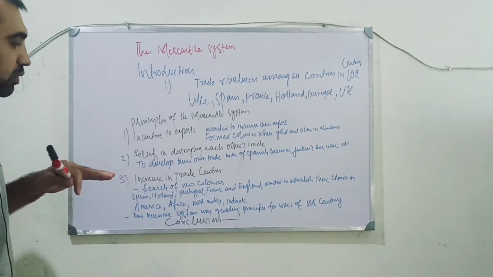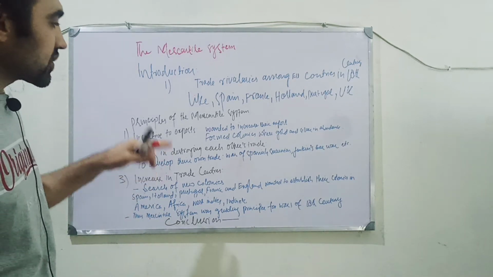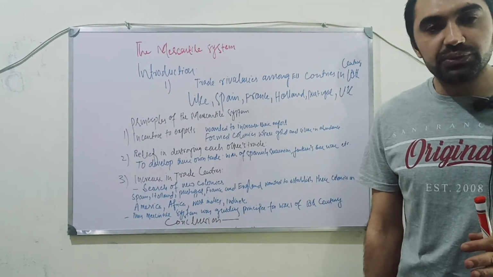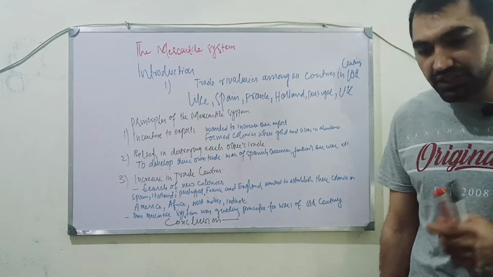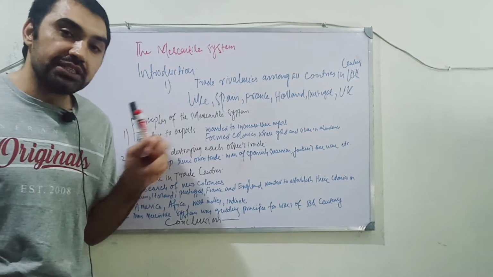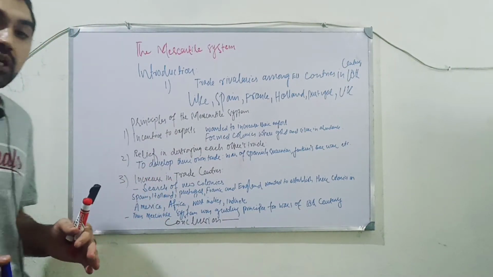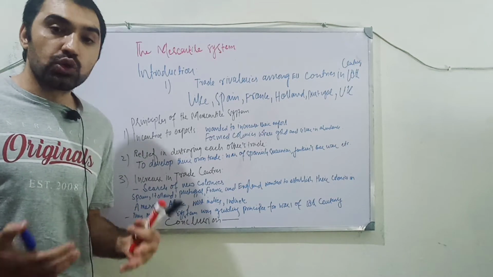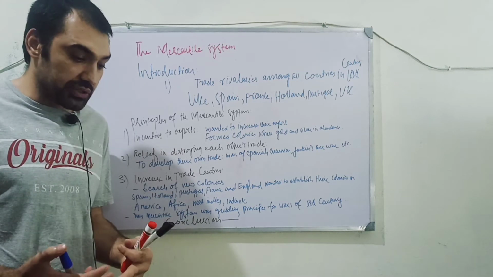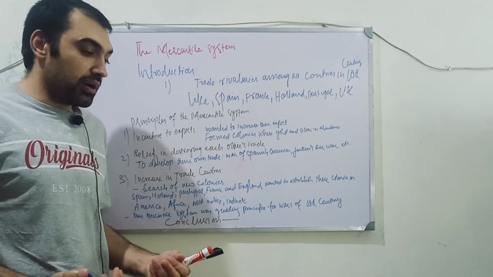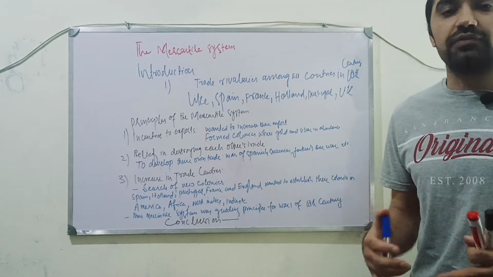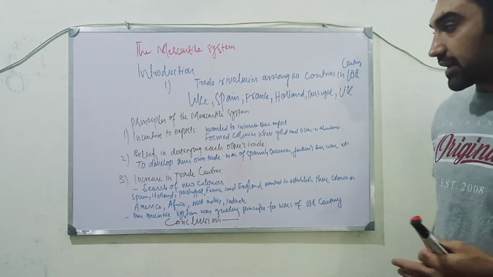The second principle was belief in destroying each other's trade. They were trying to destroy the trade of each other because at that time, as we discussed in detail in the previous lecture, a country whose naval power was strong and robust had its trade and exports in a good position in the international market.